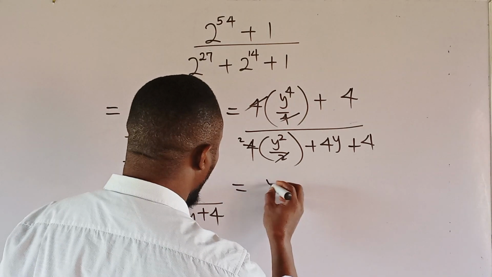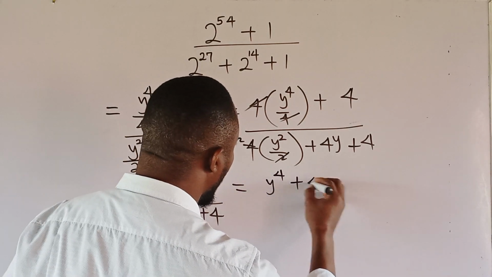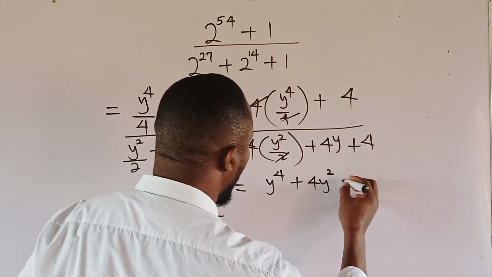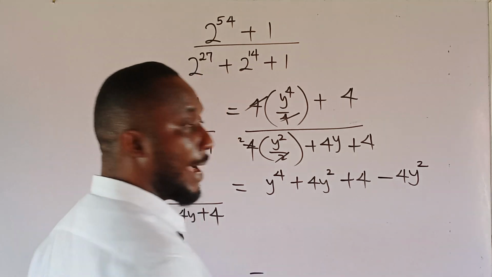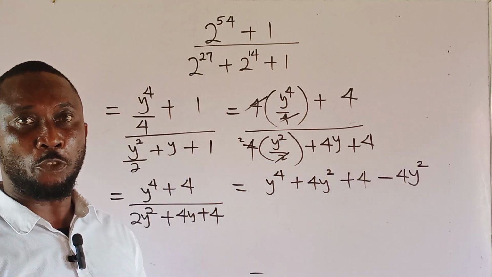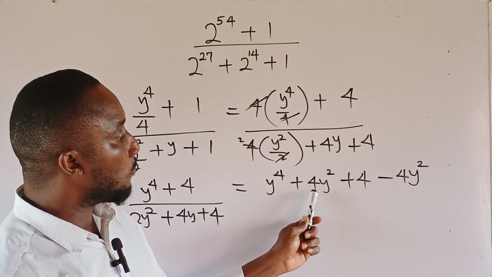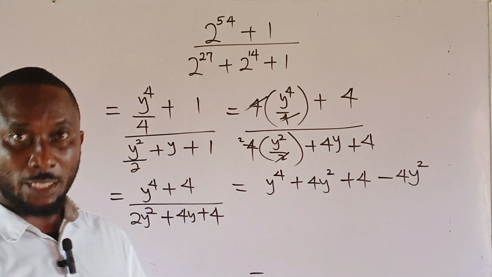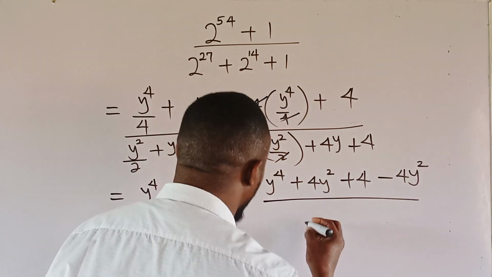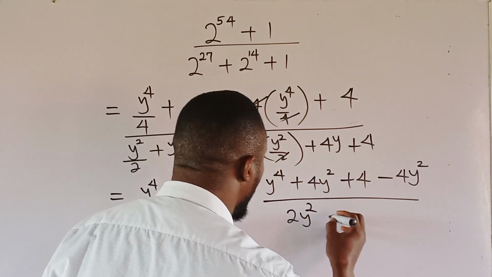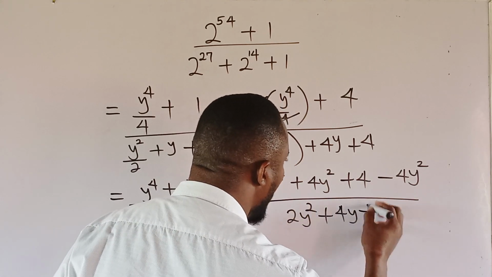If I decide to write y to the 4th plus 4y squared plus 4 minus 4y squared, I have not altered anything on the numerator, in the sense that 4y squared minus 4y squared is actually 0. So all upon 2y squared plus 4y plus 4.